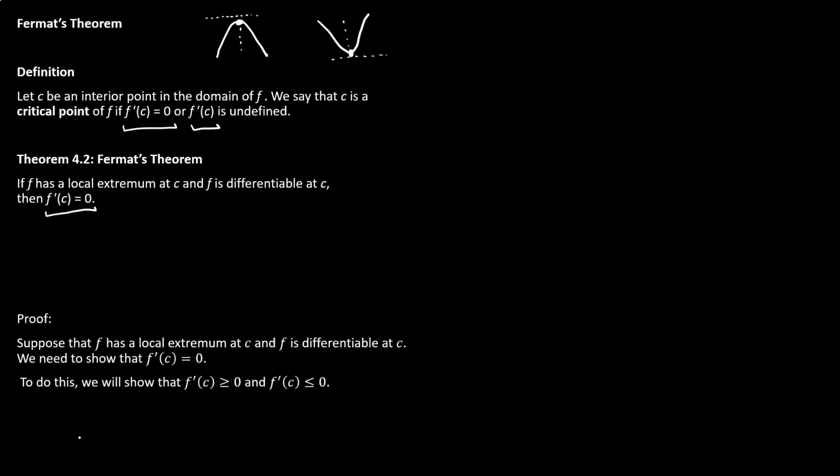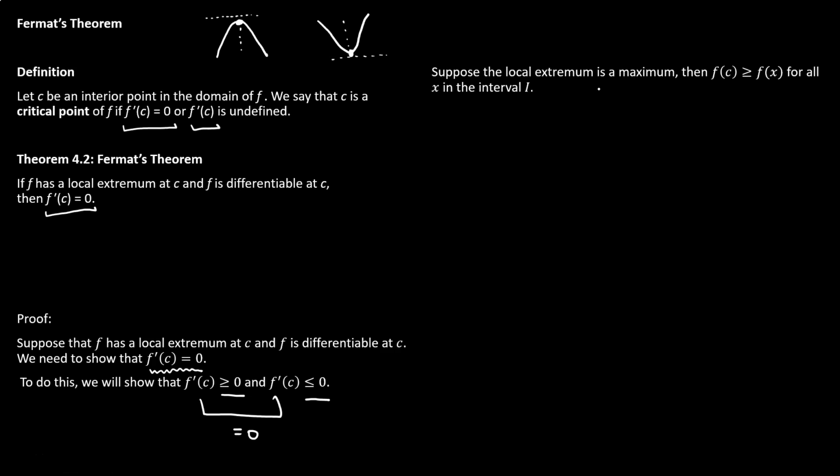To do this, we're going to show that the derivative at c is greater than or equal to zero, and the derivative at c is less than or equal to zero. The only way for our derivative at c to be both greater than or equal to zero and less than or equal to zero is if it's actually equal to zero. So our goal is to show that those derivatives are equal to zero, just like the theorem says.